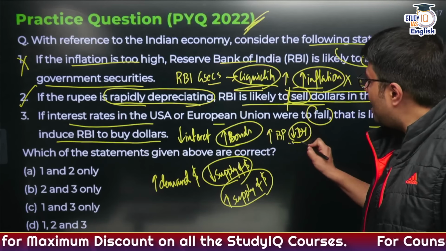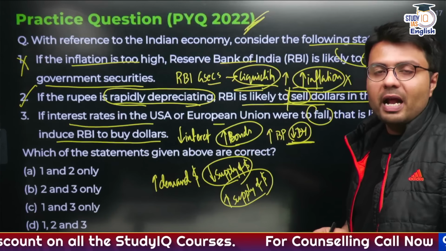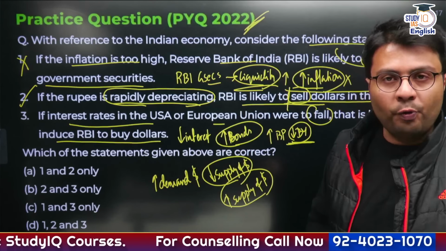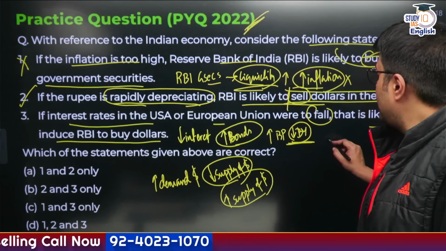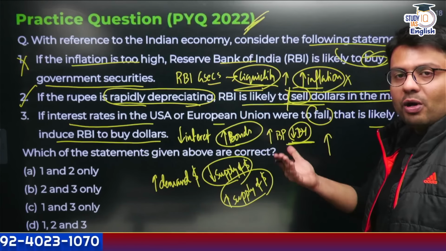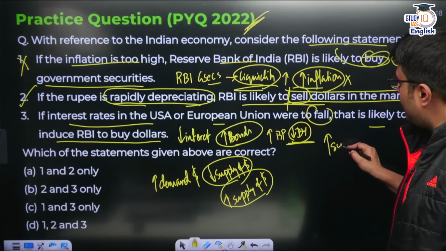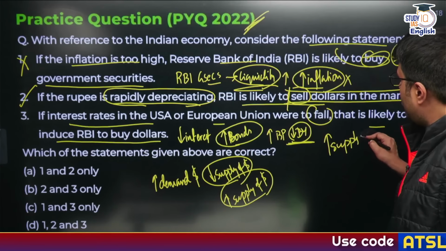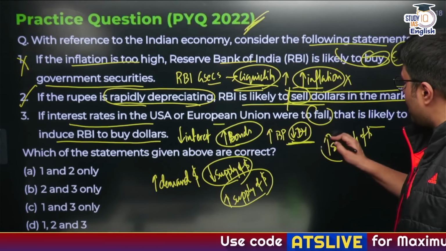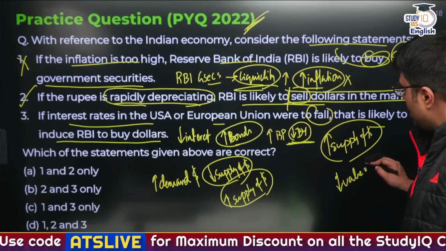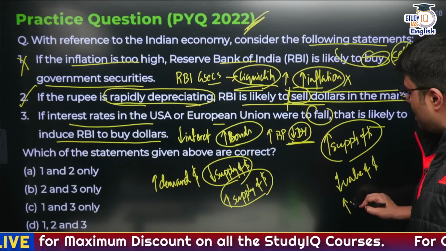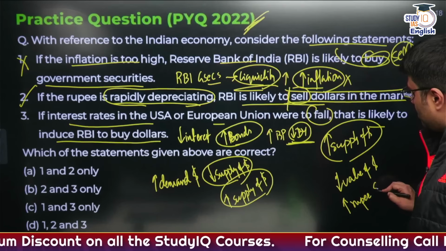So naturally, the attractiveness of bonds as a financial instrument for foreign investors would reduce. So in that case, they would invest more in Indian economy. So in Indian economy, foreign investment comes more. What happens is the supply of dollar increases. And when supply of dollar increases, the value of dollar falls and correspondingly the value of rupee increases, right?